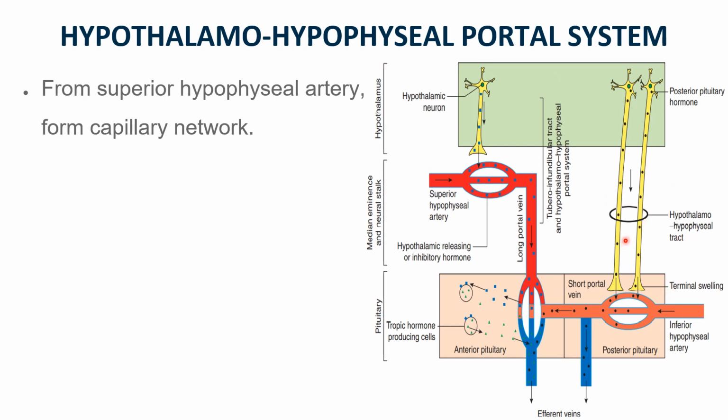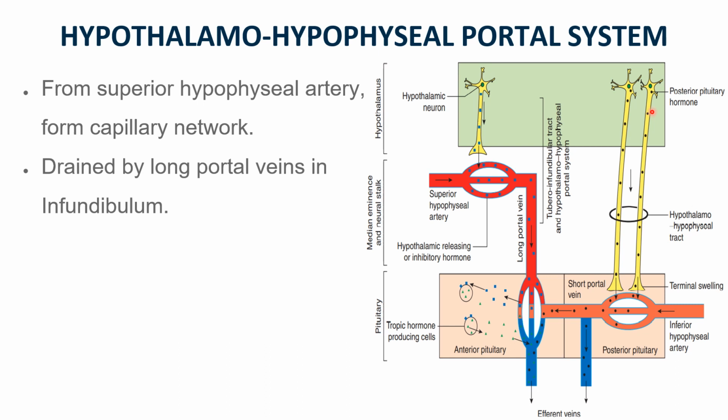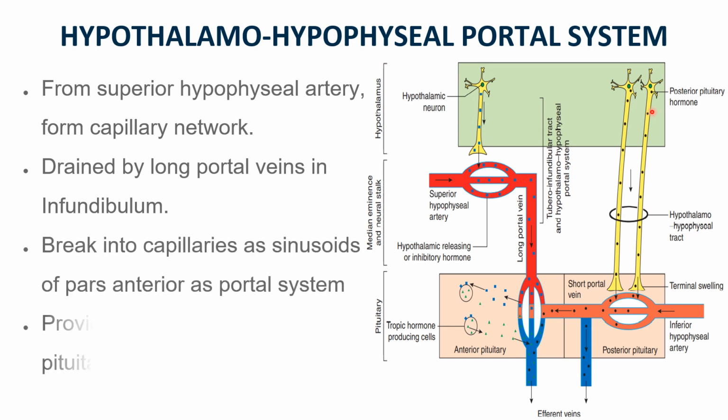The inferior hypophyseal branches, the inferior hypophyseal network, which is also a branch of the internal carotid artery, branch out and form a capillary network at the lower end of the infundibular stem. You can see this is the inferior hypophyseal artery, which forms a capillary unit, and this is the short portal vein.